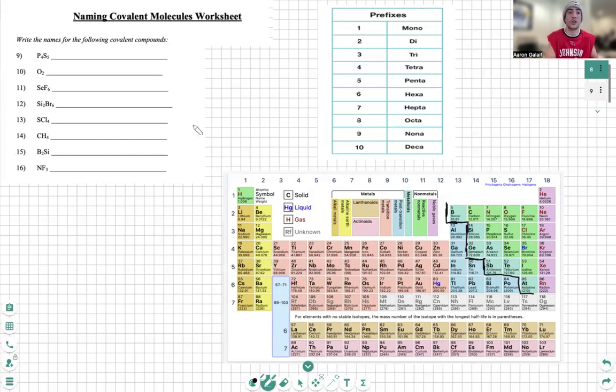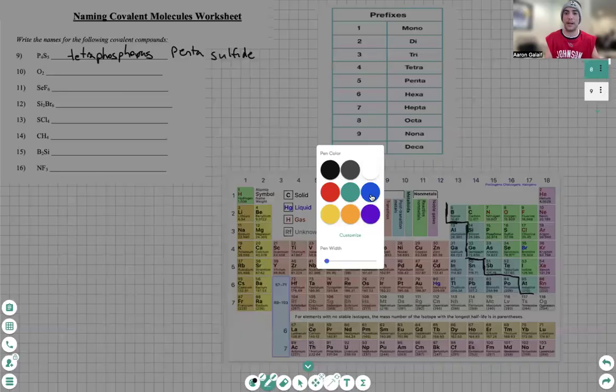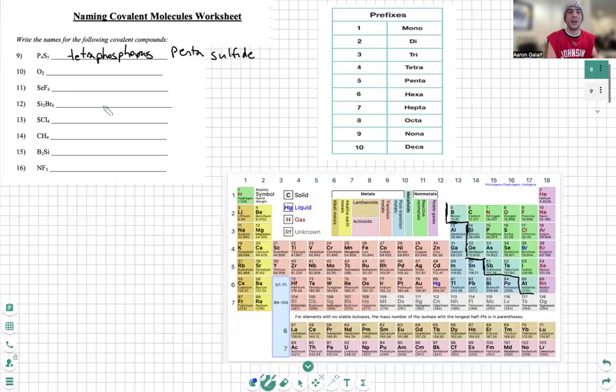For 4, I need tetraphosphorus, and we have to make sure we write these right. And we have 5, which would be pentasulfide. Remember that we have to write "ide" at the end when we're writing the compounds for the second one.